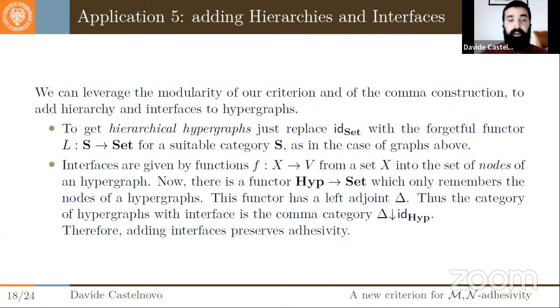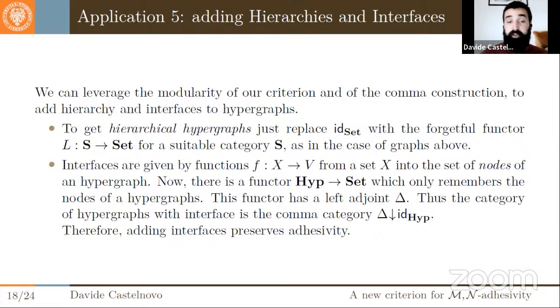Now, interfaces are simply given by a function from a set X into the set of nodes of a hypergraph. So there is a functor from hypergraphs to Set which only remembers the nodes of a given hypergraph. And by abstract nonsense, or even by hand, it can be shown that this functor has a left adjoint, Delta.